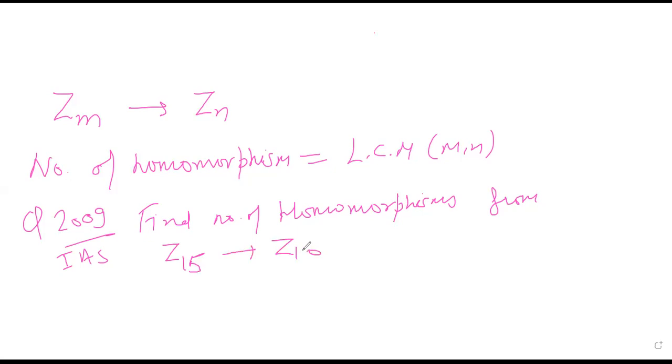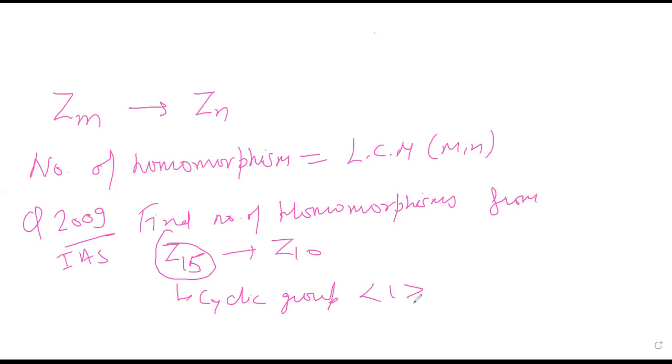Okay, this was the question. The thing to see here is that Z15 is a cyclic group. It is generated by 1.